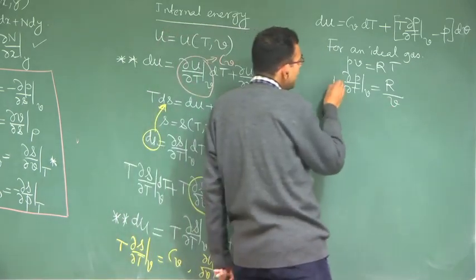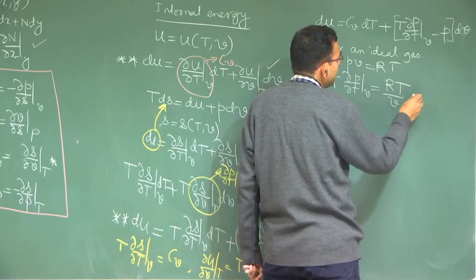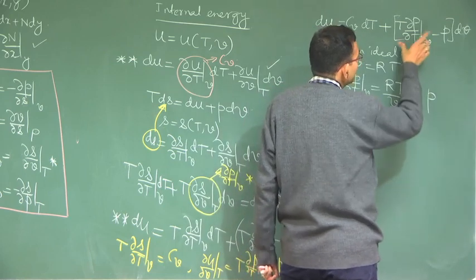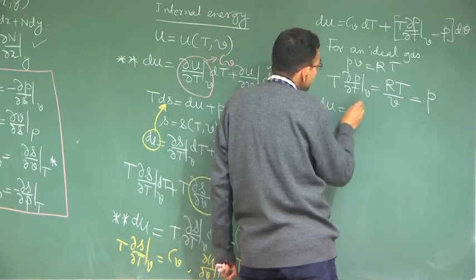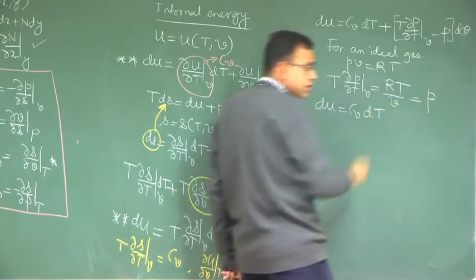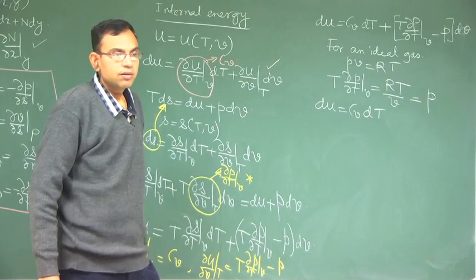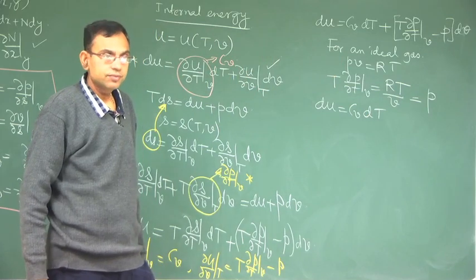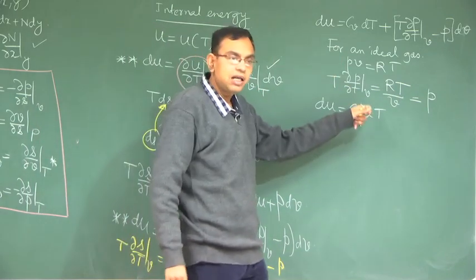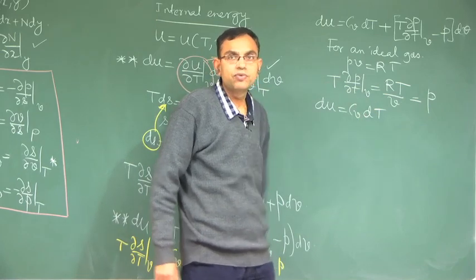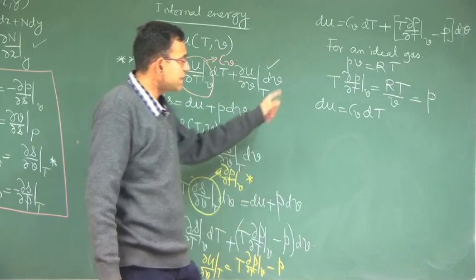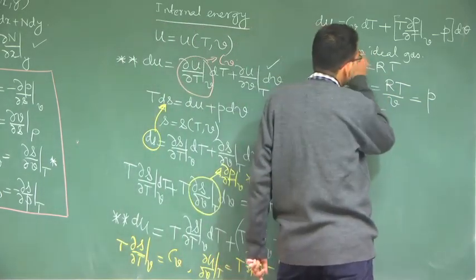So, T del P del T at constant volume is RT by V, that is P. So, this part becomes 0, P minus P. So, then dU is CV dT for an ideal gas. This we prove by this derivation, which we assumed earlier, that dU equal to CV dT for an ideal gas. This we now prove here.